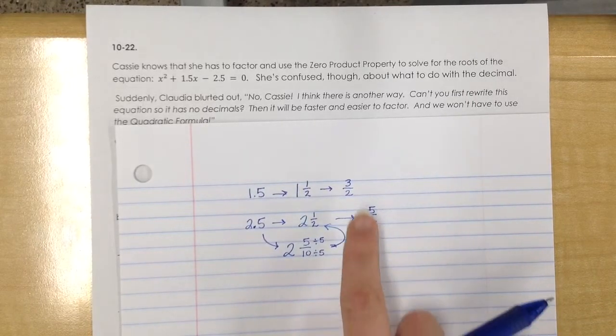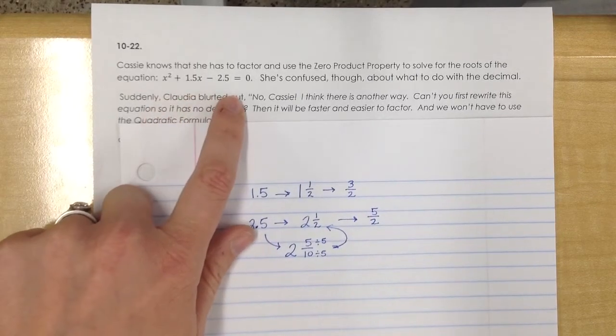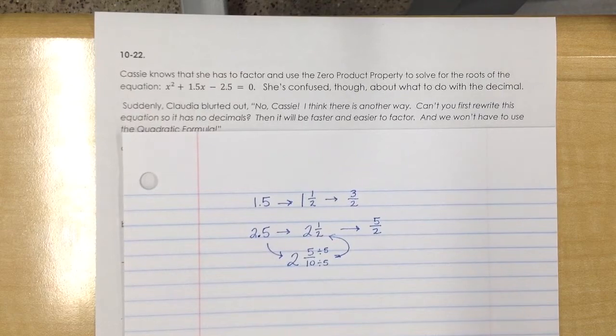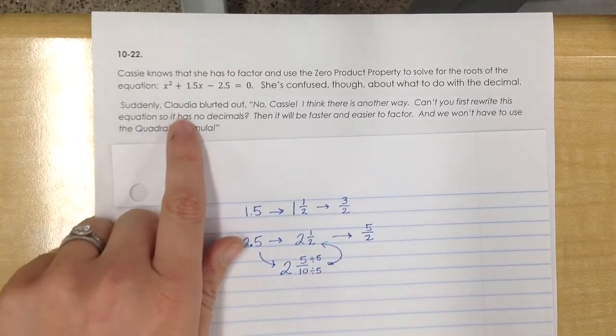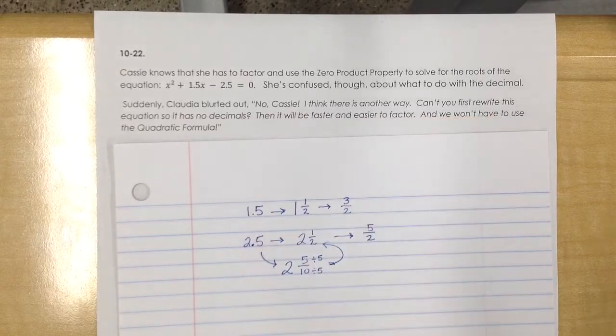This is going to be really helpful to me later on because I'm going to need to know what I should multiply this equation by in order to get the decimals all gone. And that's what Claudia is suggesting here: "No, Cassie, I think there's another way. We can rewrite this equation."